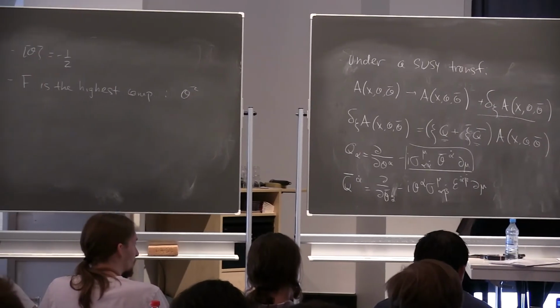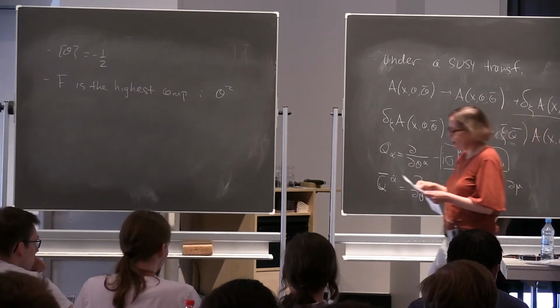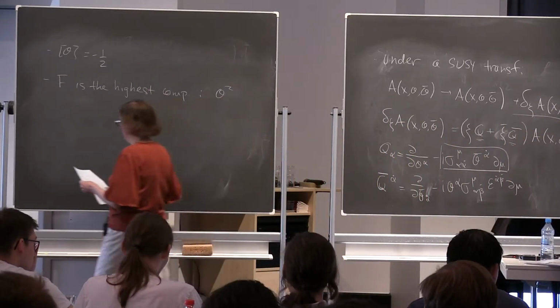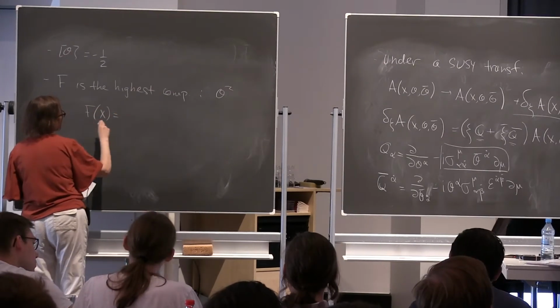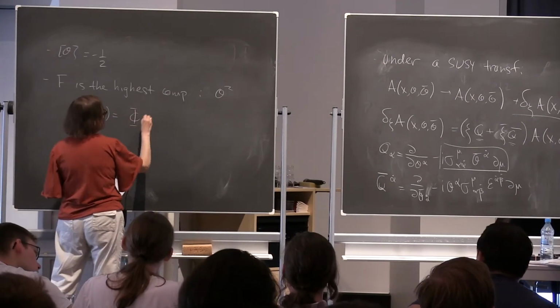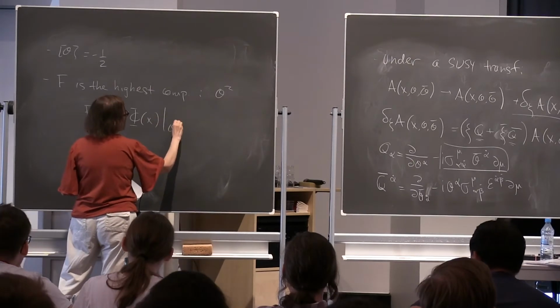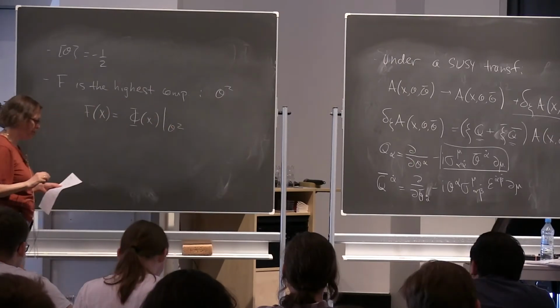It's the coefficient of theta squared. So I can write it in the following way. I can say that f of x is the theta squared component of phi x.